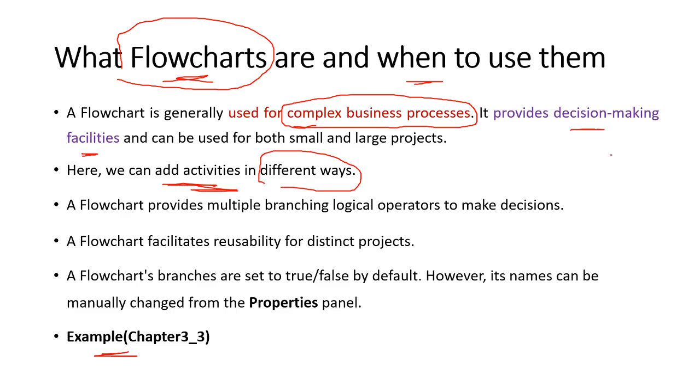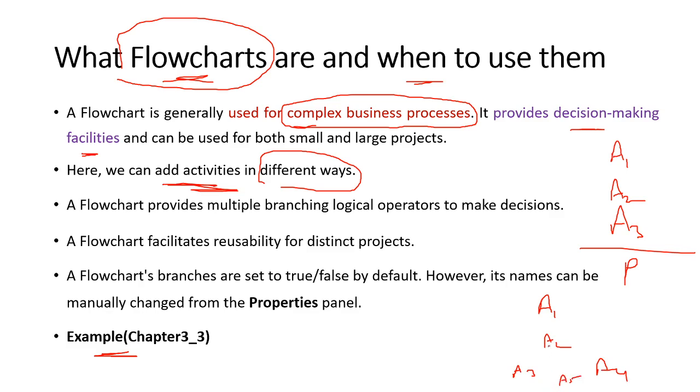I will give a simple example over here. So far we have automated the task by adding the actions in a sequence only, right? A1, A2, A3 like this, which is used to perform a process called P. Here in the case of a flowchart, you can automate a process by adding activities or actions in different ways. For example, A1 here, then A2 here, then A3 here, then A4 here, let us say A5 here.